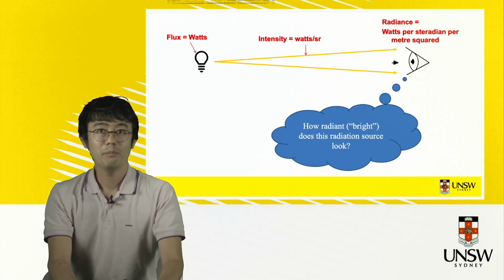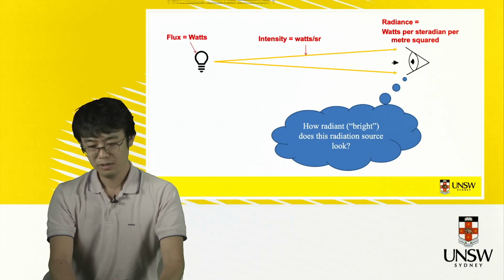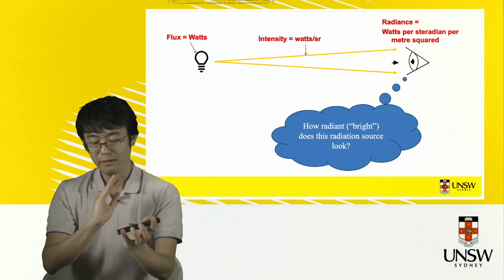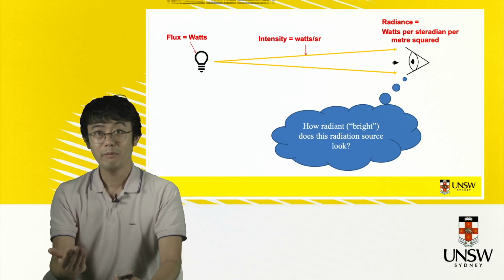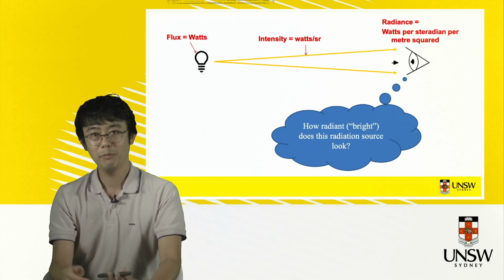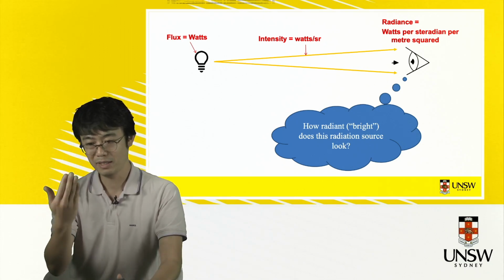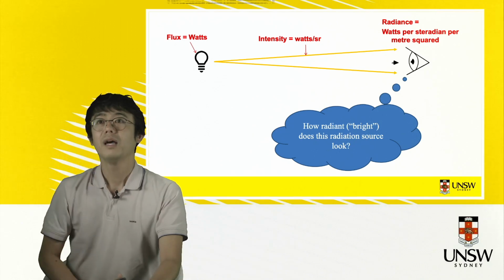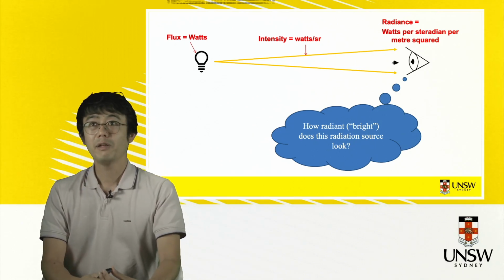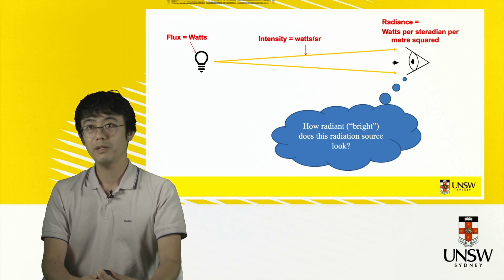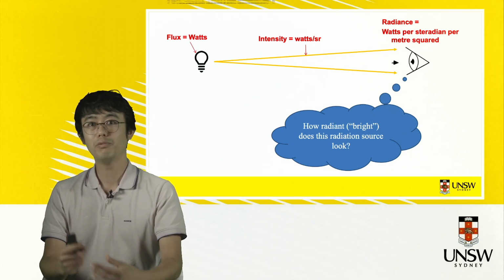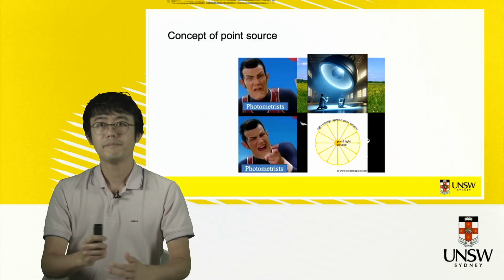So we talked about what happens to that radiation if it hits a surface. But we also need to talk about what happens if it hits a sensor, in this case your eyes. We need to talk about radiance, or how radiant something is, how bright something is.